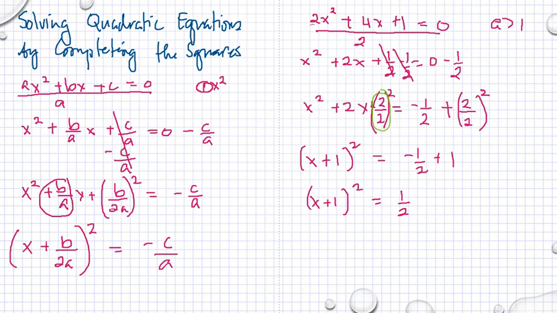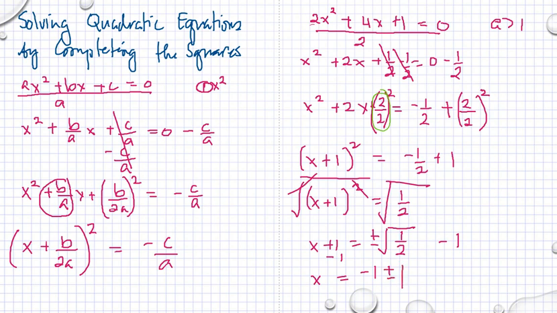Then you can see now, you can just take the square root of both sides. Then we have x plus 1 is equal to positive and negative square root of 1/2. If I subtract both sides of the equation by 1, I can say x is equal to, as we usually write it, negative 1 plus or minus the square root of 1/2.